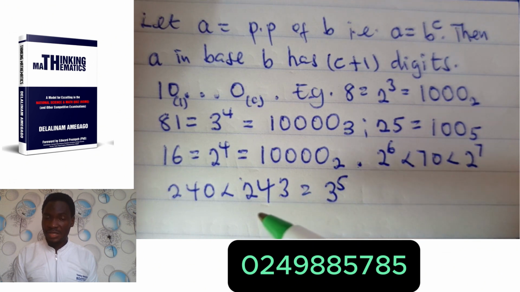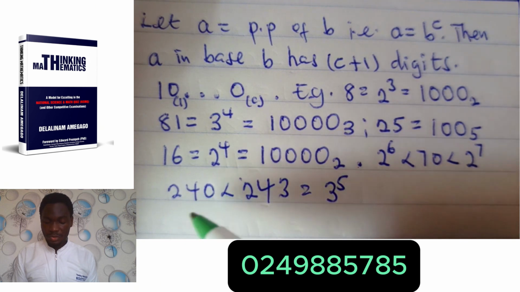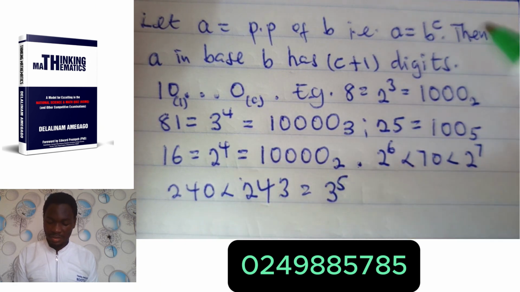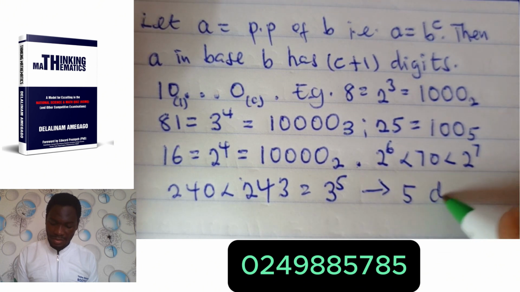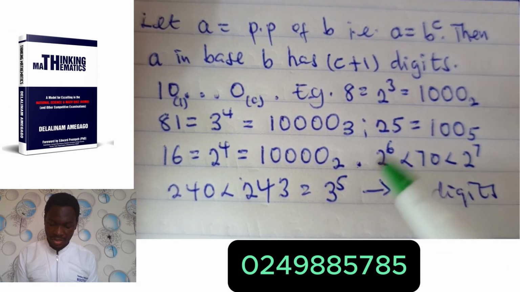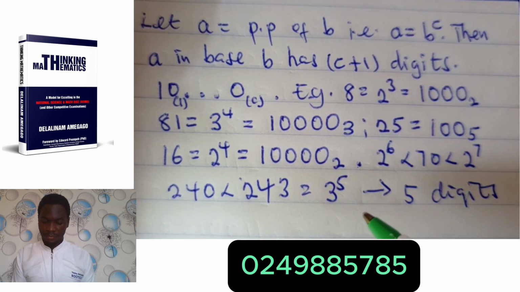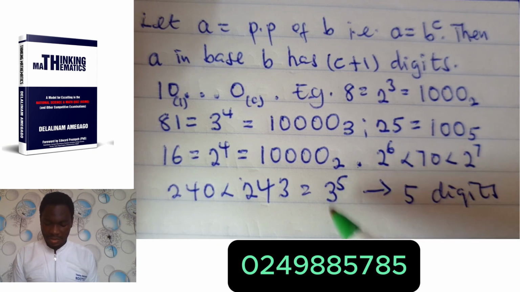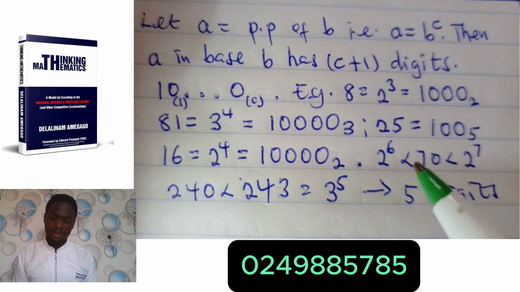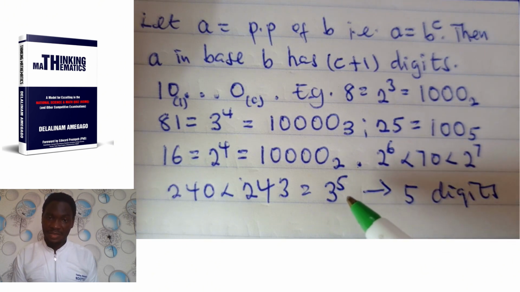So for 3 exponent 4, we are going to have 5 digits. The same thing will apply to 240. So we have 5 digits, not a 5 here, but somehow they coincide.